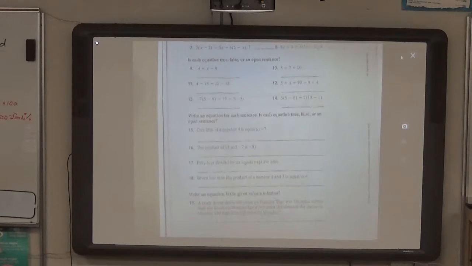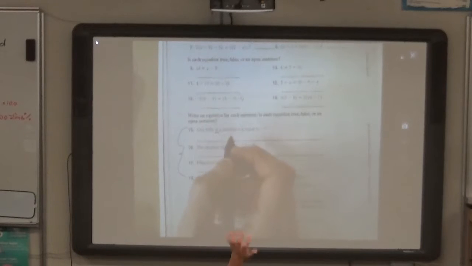We know how to do these. 1/5 of a number. Let me help you with this first one. 1/5 of a number is n. What does the word of refer to, what operation? Well, it's sort of like divide.